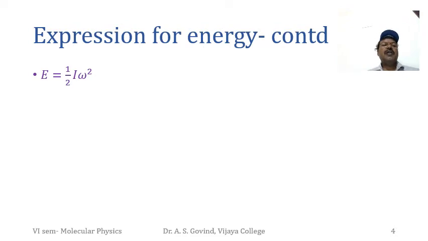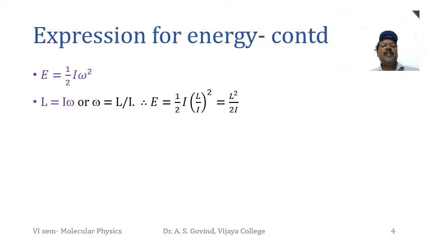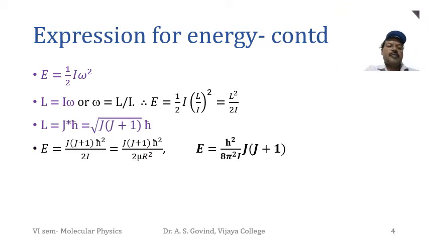It is expressed in terms of angular momentum. L equals I omega, or omega equals L by I. So substituting omega here, we will get half of I into L by I whole square. So that becomes L square by 2I.